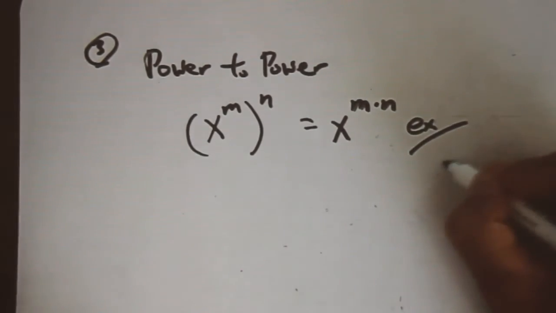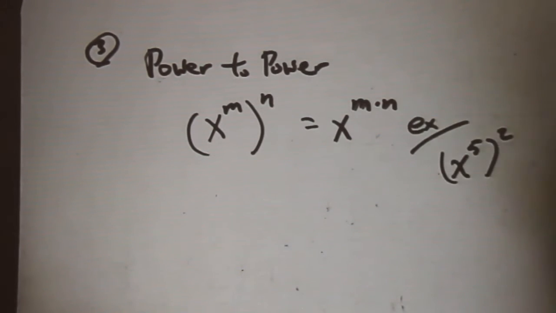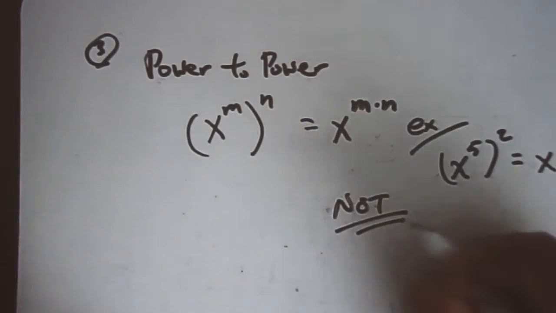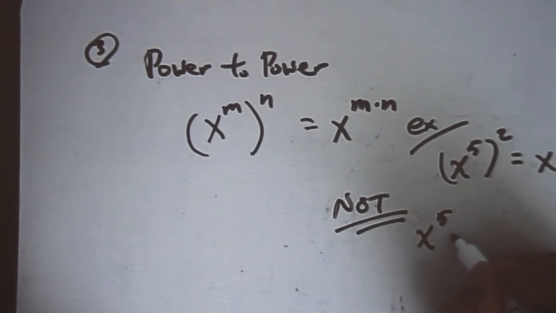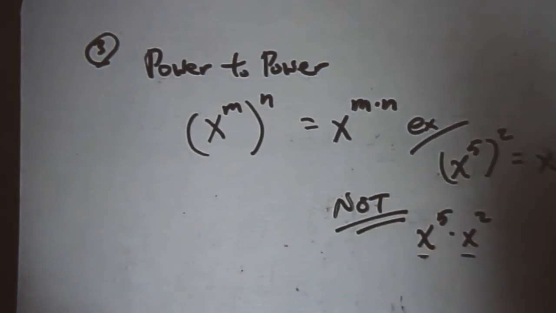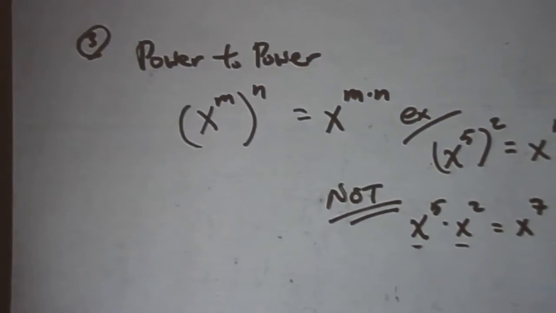And going back to an example of x to the 5th power, quantity to the 2nd, or squared, this is x to the 10th. We're going to multiply the powers together. This is not the same as the product rule we saw earlier. Notice this is power to a power. That one is similar bases being multiplied, so product, power, product. Now this one you add in this example here. This is to the 2nd power.